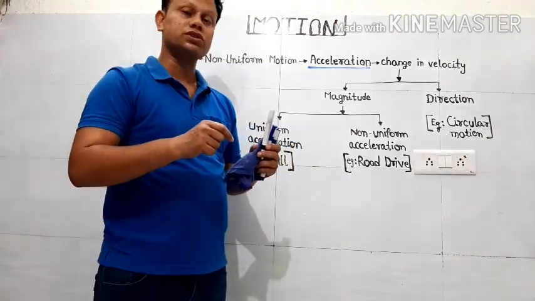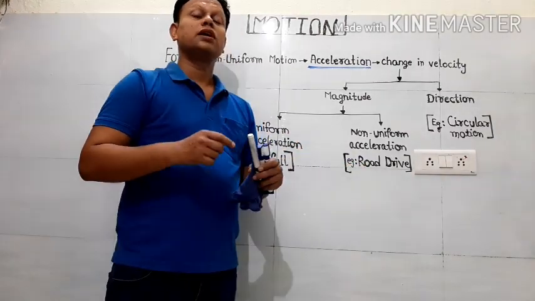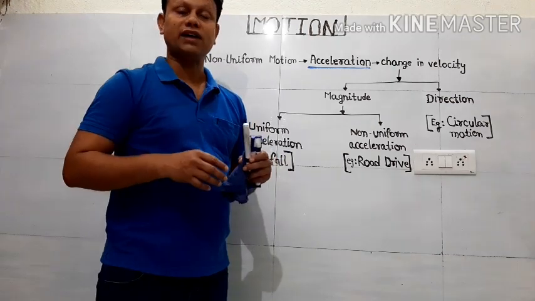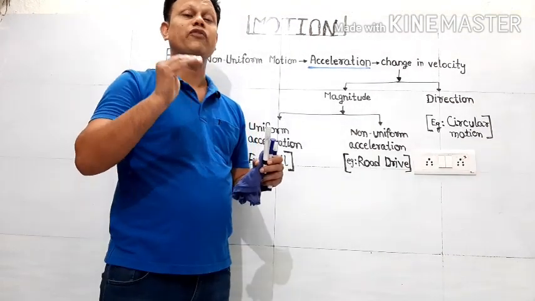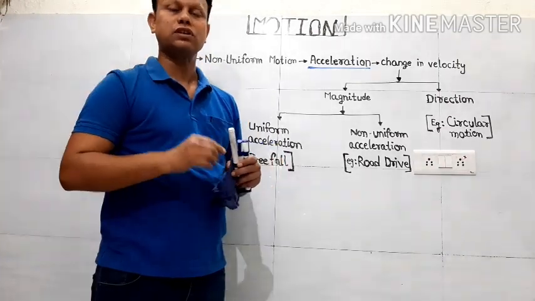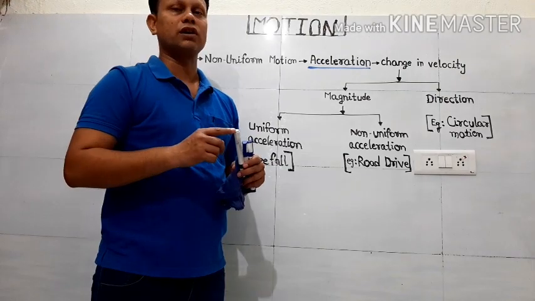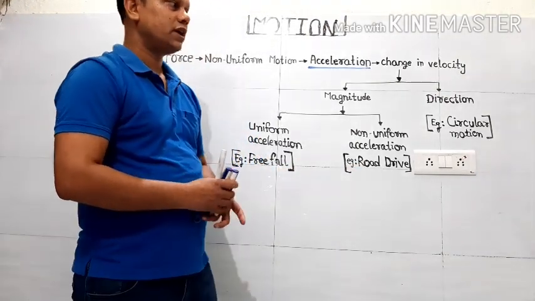So in that situation, you are moving on a real road drive with non-uniform acceleration, because it is practically not possible to maintain the same value of acceleration or deceleration. You have to fluctuate your rate of change in magnitude of velocity. So that means it will be a case of non-uniform acceleration.